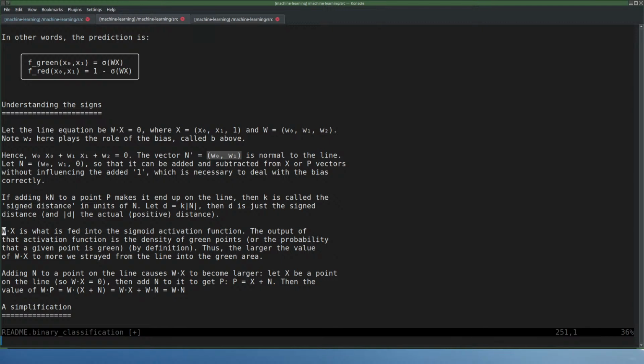Okay, so Wx is what is fed into the sigmoid activation function. Maybe we should use p here. It's a bit confusing now that here x is on the line because I defined it like that, and here's an arbitrary point.